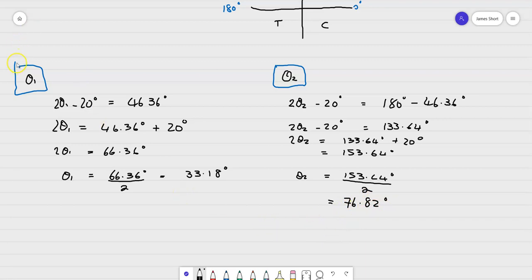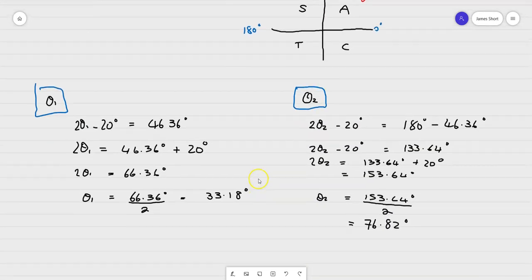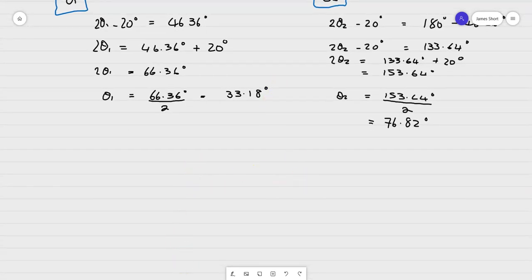Okay, so we've got theta 1 and we've got theta 2. There are, remember, 4 solutions to this, because we have the period coefficient of 2. So what we need to do is calculate the period.